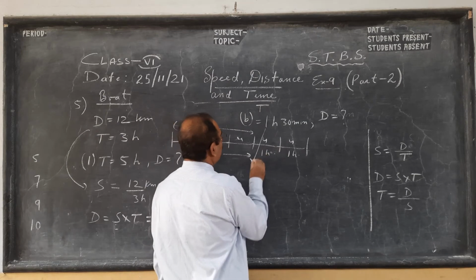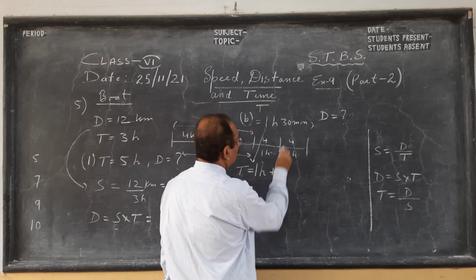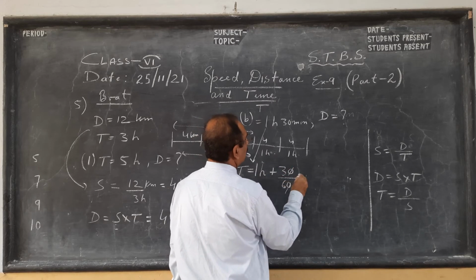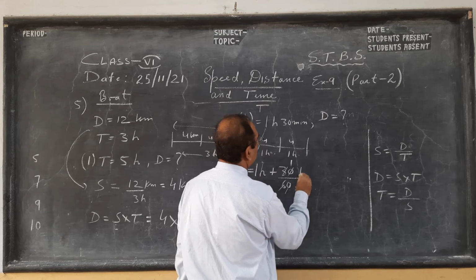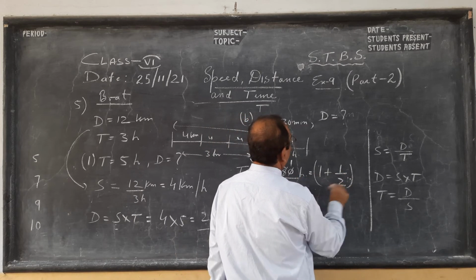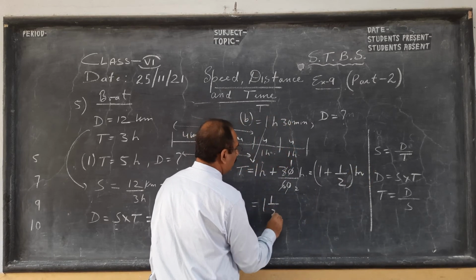This time some of you may get confused. 1 hour 30 minutes, children, you convert by dividing by 60. So 30 minutes is nothing but half an hour. So you get 1 plus half hour, and by any method, it will give you 1.5 hours.